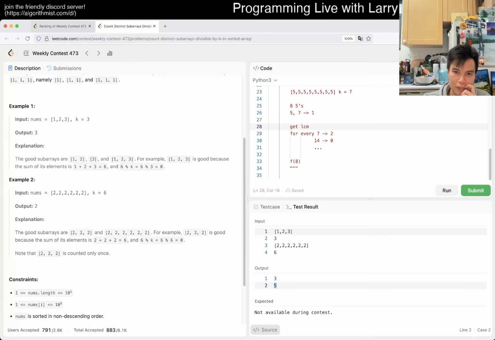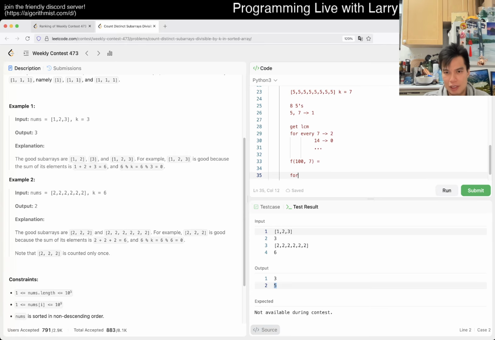Now you have 8 where you want it for every 7. Let's just have a big number for a second. So we have 100. What would that give us?